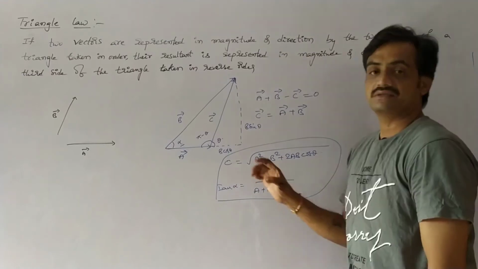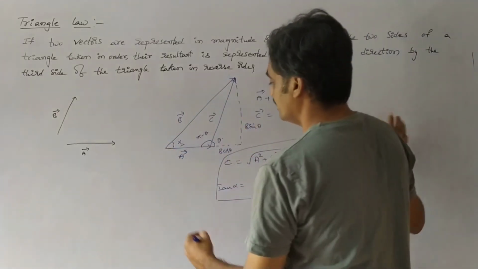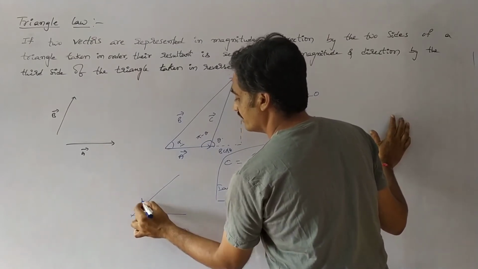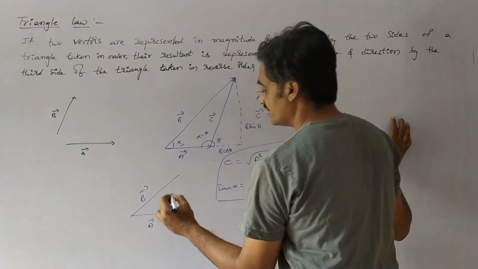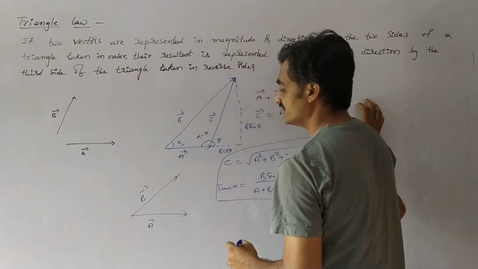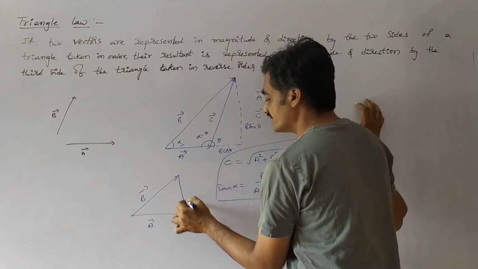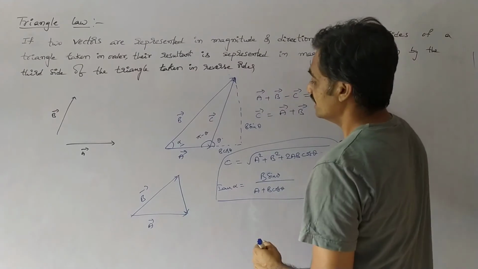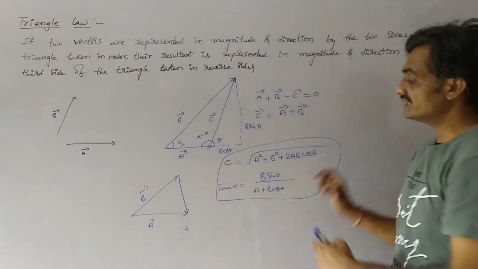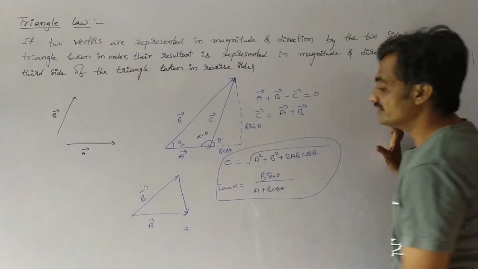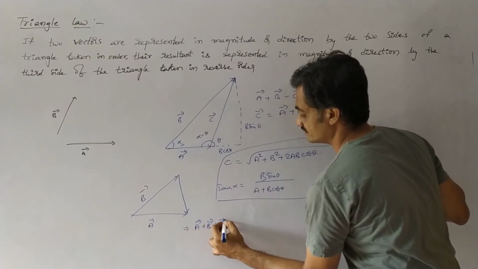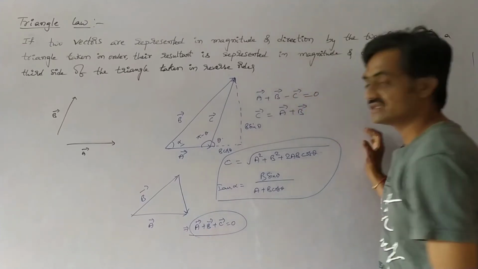So as you consider this triangle, let us consider that the two vectors are acting like this, A bar and B bar. The vector A bar is acting along this direction and the vector B bar is acting along this direction, and if the vector C bar acts along this direction, then the resultant of these three vectors will be equal to 0.